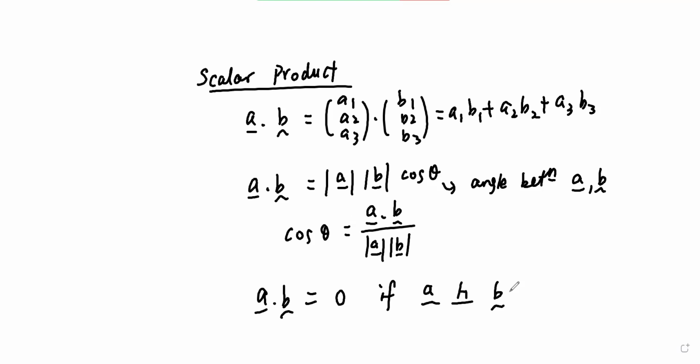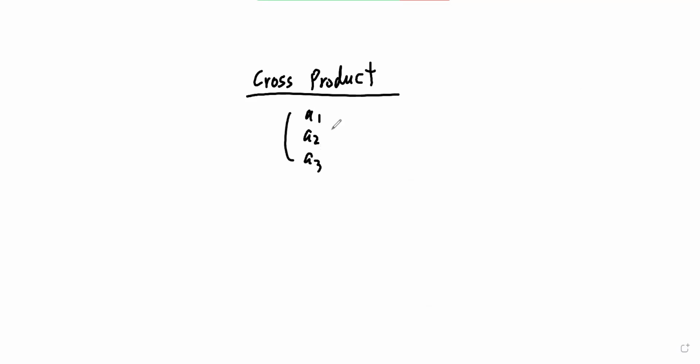With that, I will move on to the cross product next. Now for cross product, I will have A1, A2, A3 cross B1, B2, B3.